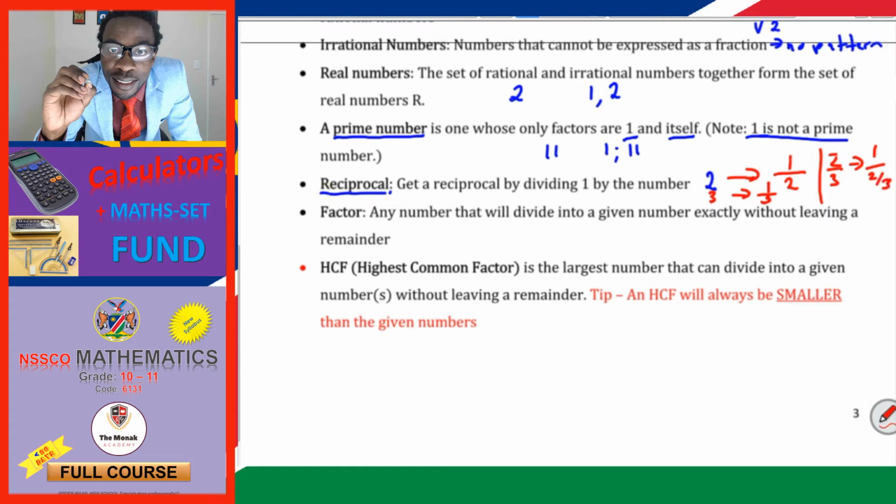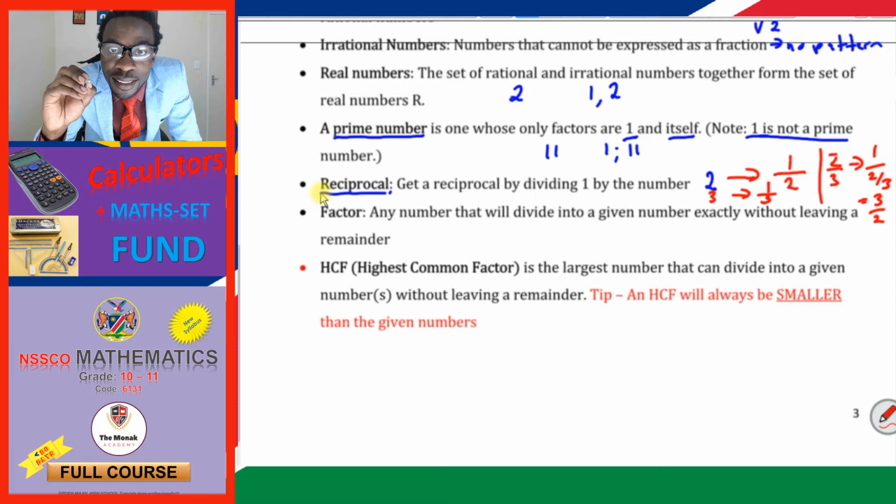When you simplify that, it becomes 3 over 2. So whenever you are finding the reciprocal of a fraction, simply switch the denominator and the numerator. The denominator goes up, the numerator comes down. It simply switches positions.